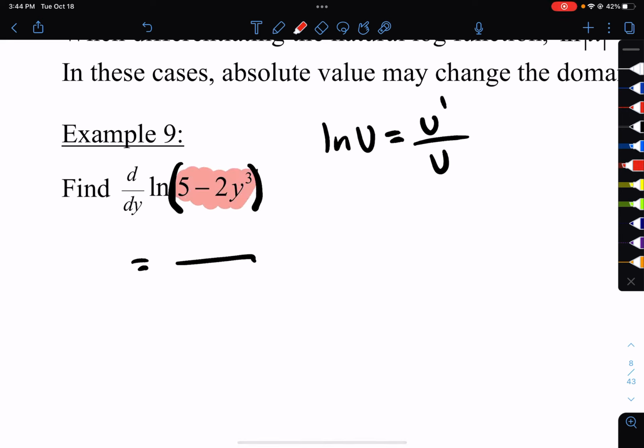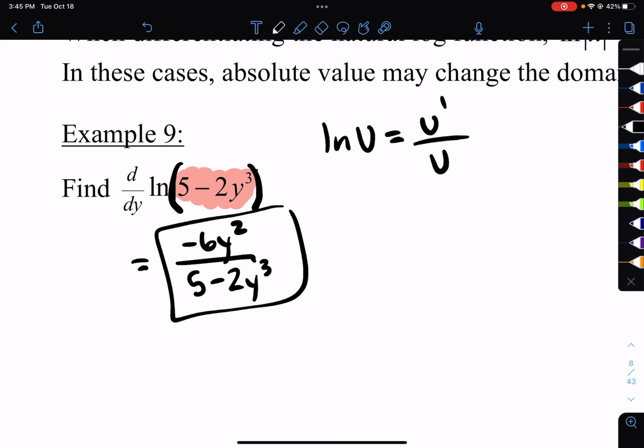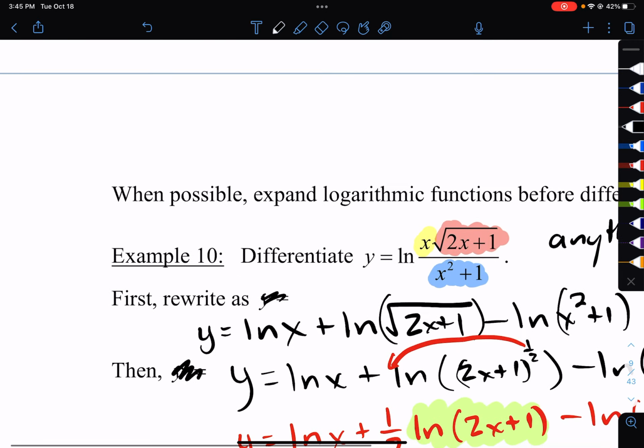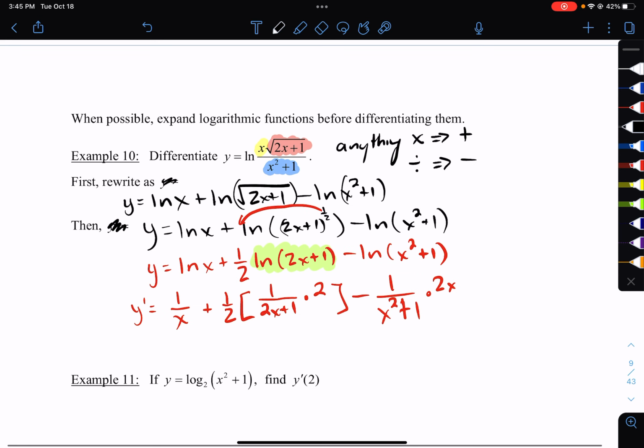Well, here's my u. And the derivative of that is just negative 6y squared. And on the bottom, it just wants the regular u, which is 5 minus 2y cubed. So even though there was an absolute value there, I can ignore it and just take the derivative like I normally would, okay?